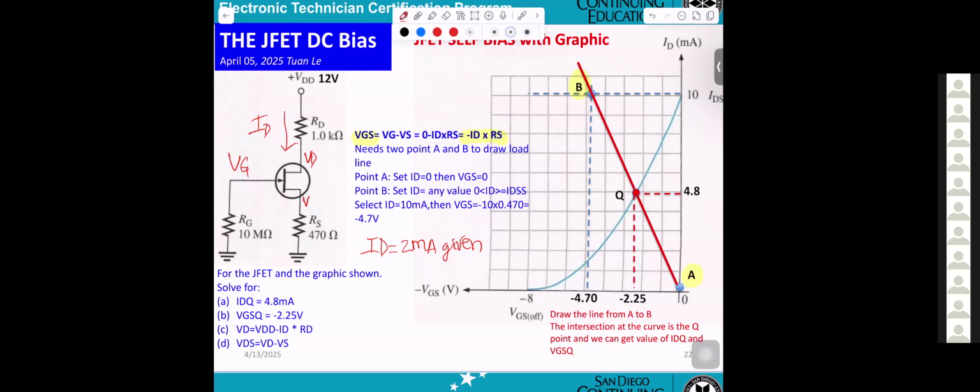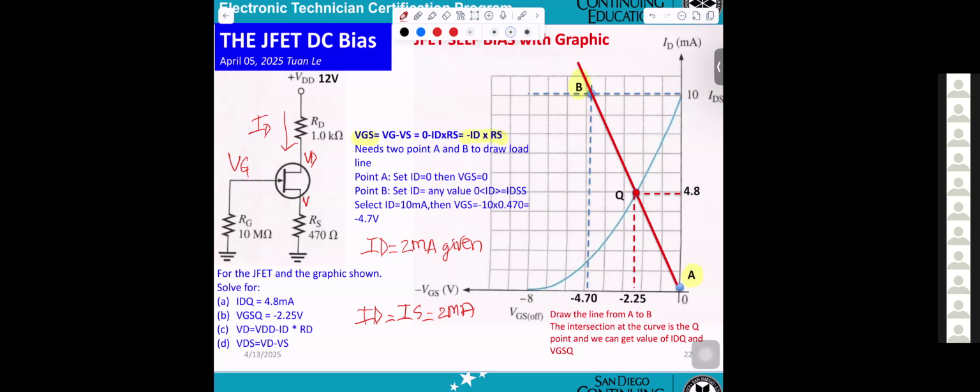So now you don't need the graphic anymore. The thing is, the current ID, IS will be the same. ID, IS, 2 milliamp.